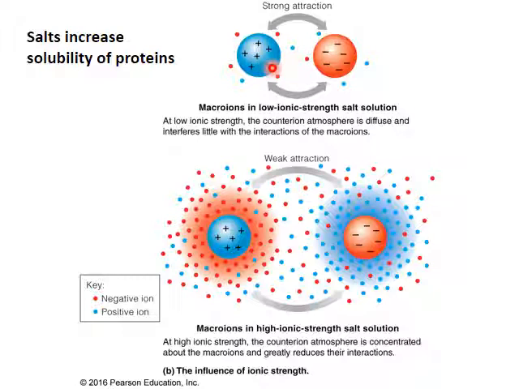So one way to help solubilize them is to add, say, sodium chloride, positive and negative ions, salts into the solution. And so what will happen is that your positively charged protein will be surrounded by the negatively charged chloride ions, say in sodium chloride, to form this type of counter ion sphere. The negatively charged protein would have the sodium counter ion sphere.